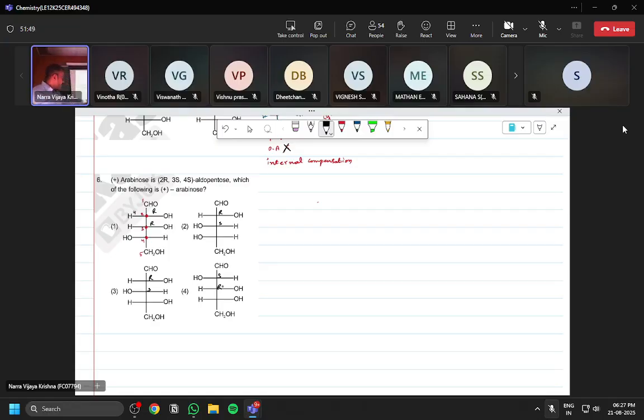Now I will check for the third one. Now what are they saying? First priority will be oxygen, so 1. Second priority, the carbon connected to oxygen and hydrogens. Here the carbon is connected to carbon and oxygen. So second priority will be this. This is third priority. This is fourth priority. Now I am connecting. What is it? Clockwise or anti-clockwise? Clockwise. Clockwise means R. Hydrogen horizontal means reverse.